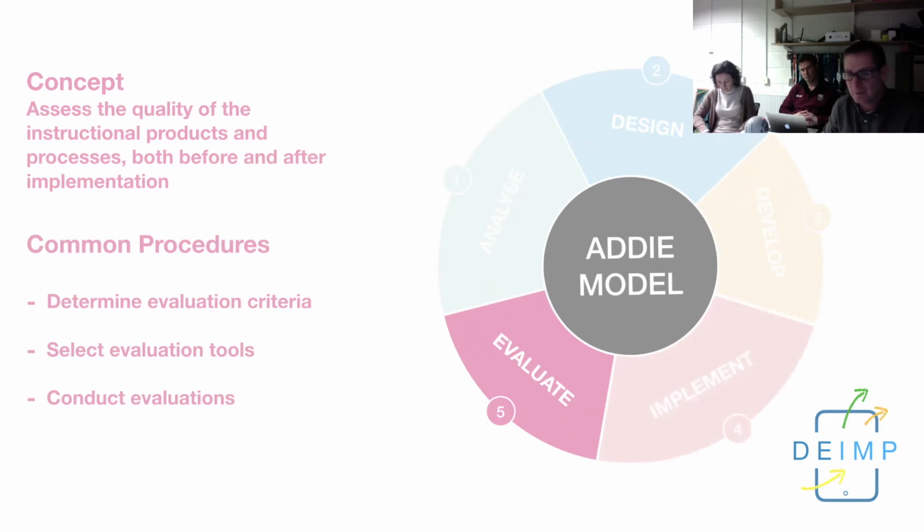So if we look at the implementation stage right before, we might be observing how our resource is used by other teachers. We might also look at what students thought rather than just the teachers. Simple questions like, what went well? What didn't go so well?